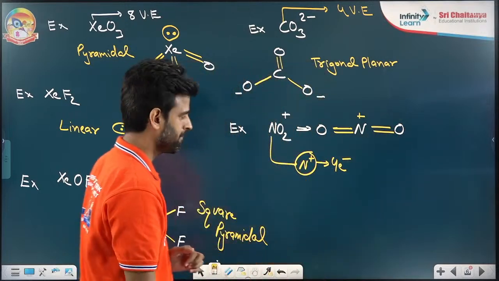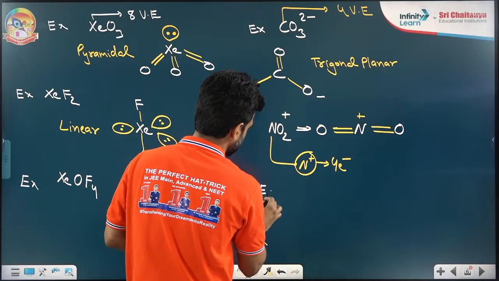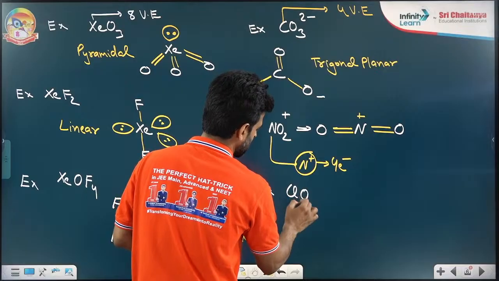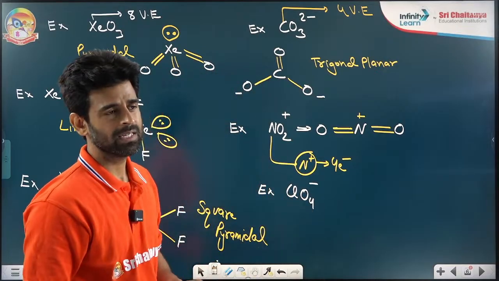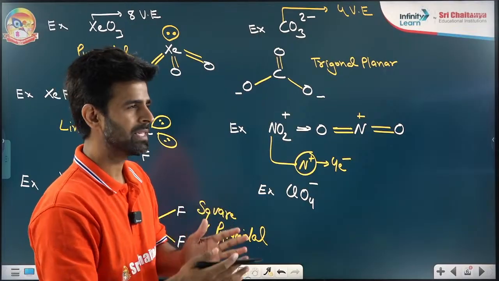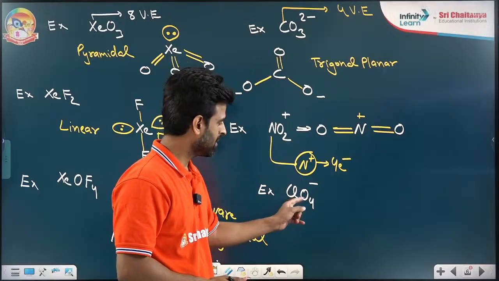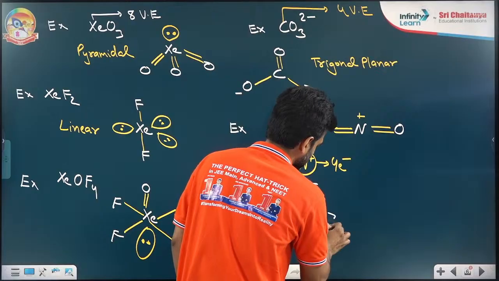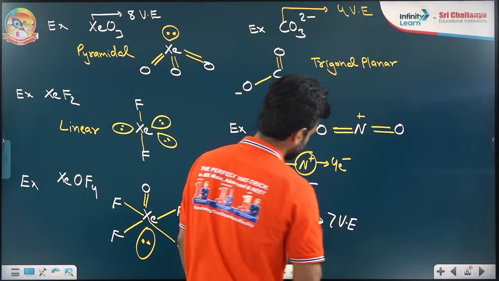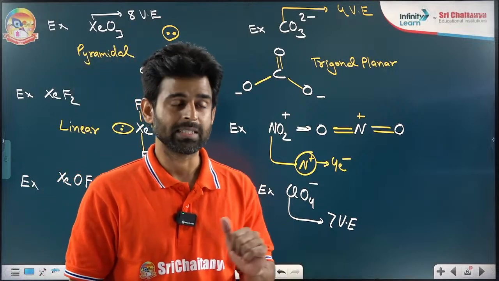Clear, bacha, right? Okay, the next thing is the same. Here we have Cl. Okay, last 2 examples only. Tomorrow we'll see the application of these structures, how it will help in bond angles and everything. We have ClO4 minus. Okay, can you try this by yourself? Cl here is having 7 valence electrons, right? So try this.